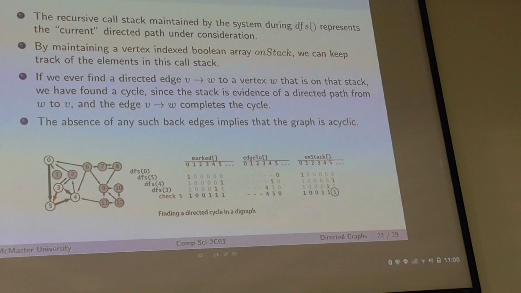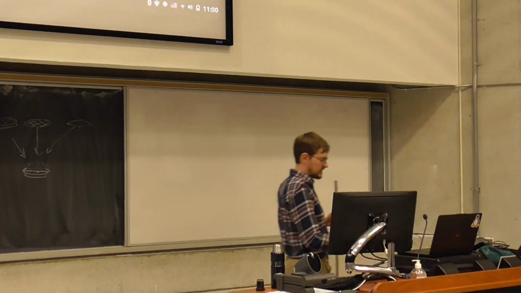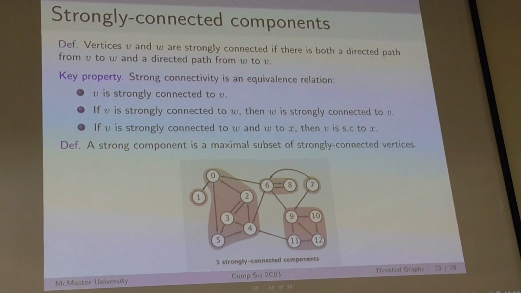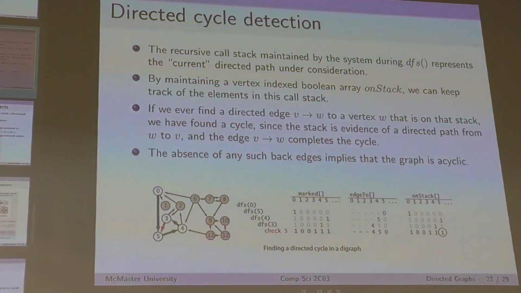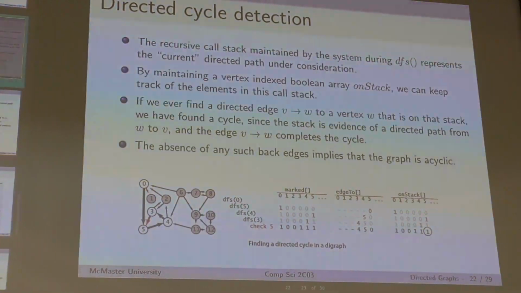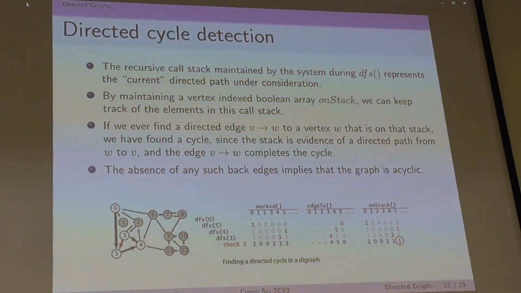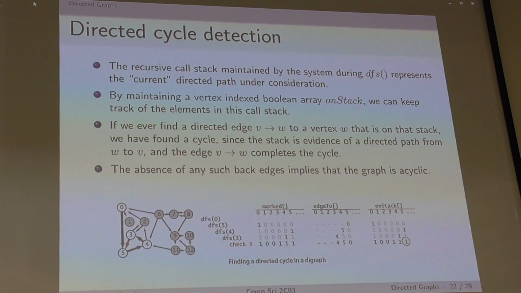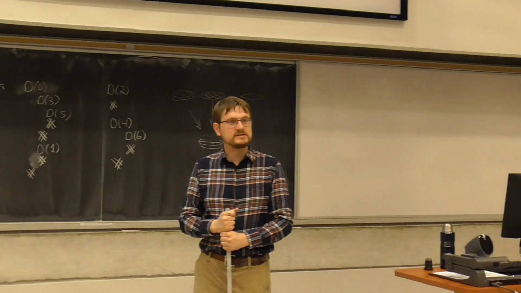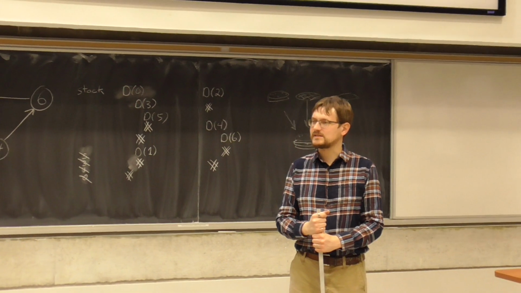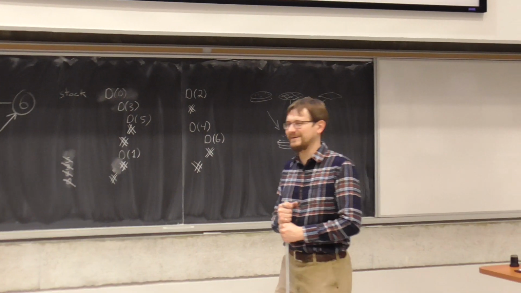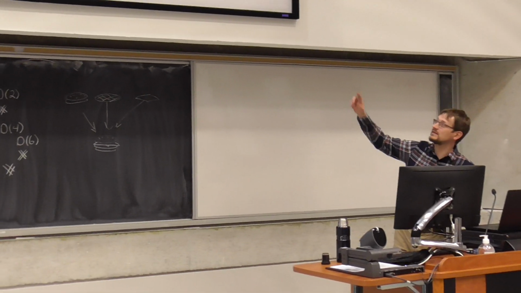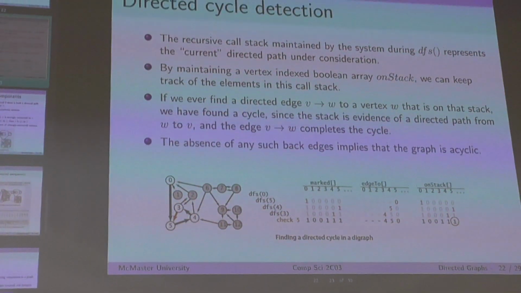Let me see if there's a good illustration of that in the coming slides. There's a good example of that in the textbook. It's a 20 by 20 field of nodes with each one pointing one way or another, and the question is, does this contain a cycle? You certainly can't figure that out by examination easily like you can in these examples.